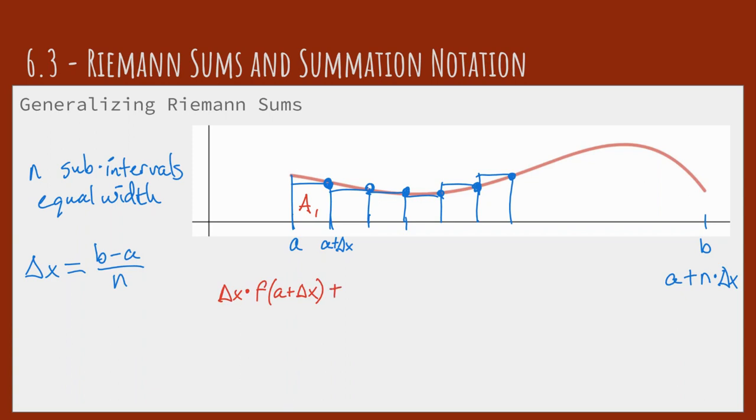Then the second rectangle, the width is going to be delta x again. And remember, this was a plus 2 delta x. So the height of the function is going to be f of a plus 2 delta x. And then we're going to have delta x times f of a plus 3 delta x. I'm sorry, that should be times in there.